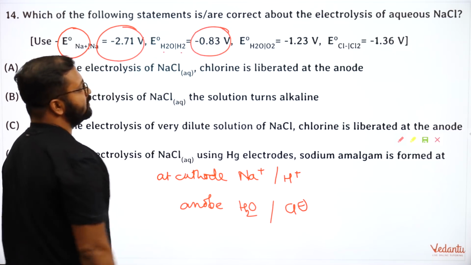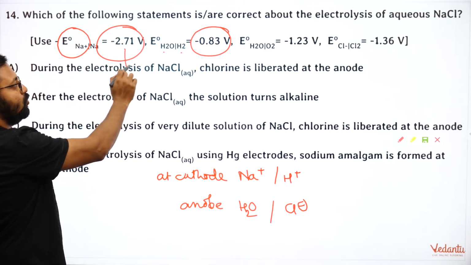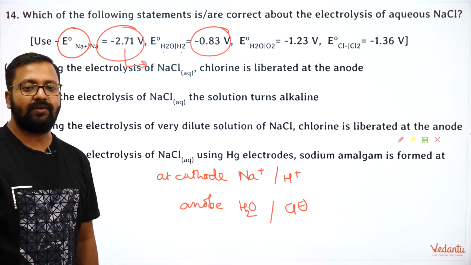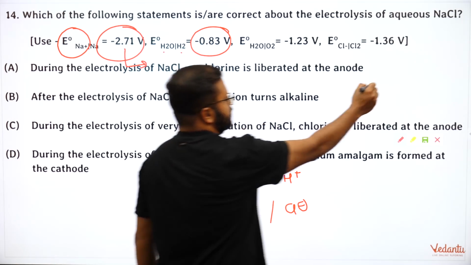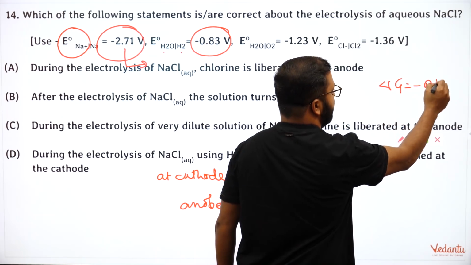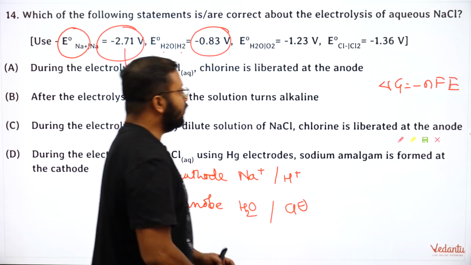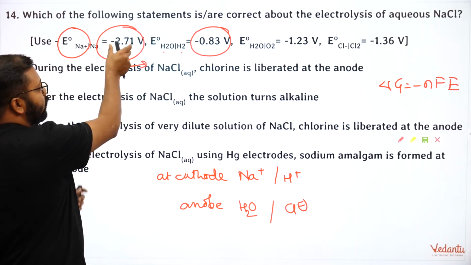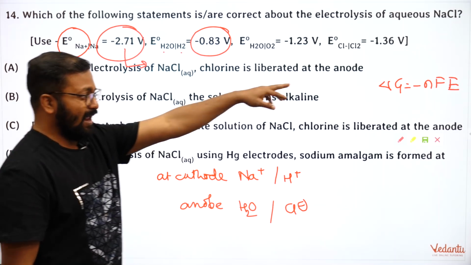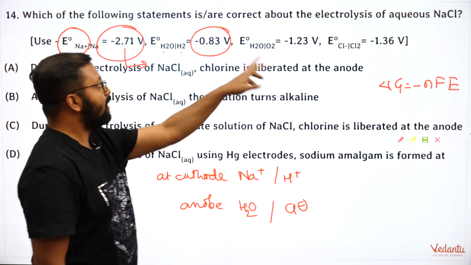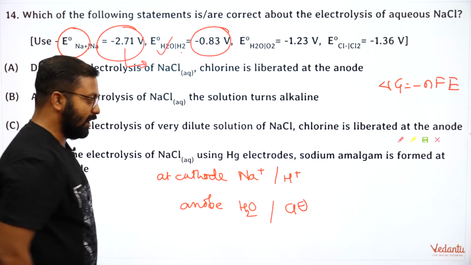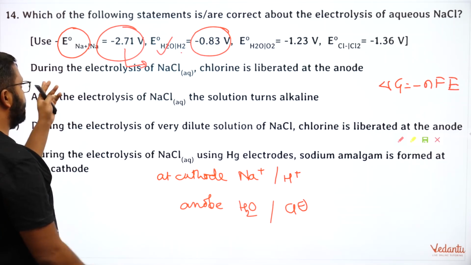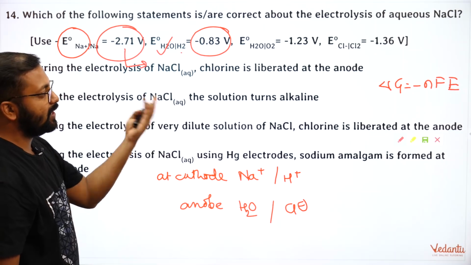This is competing with Na+. For this, the delta G value will be positive, 0.27 times nF, because delta G is equal to minus nFE. For the other, this will be nF times 2.71. This will be 0.83 times nF. So the less positive value is this. So hydrogen will get liberated. Now, during the electrolysis of NaCl, is chlorine liberated at the anode?